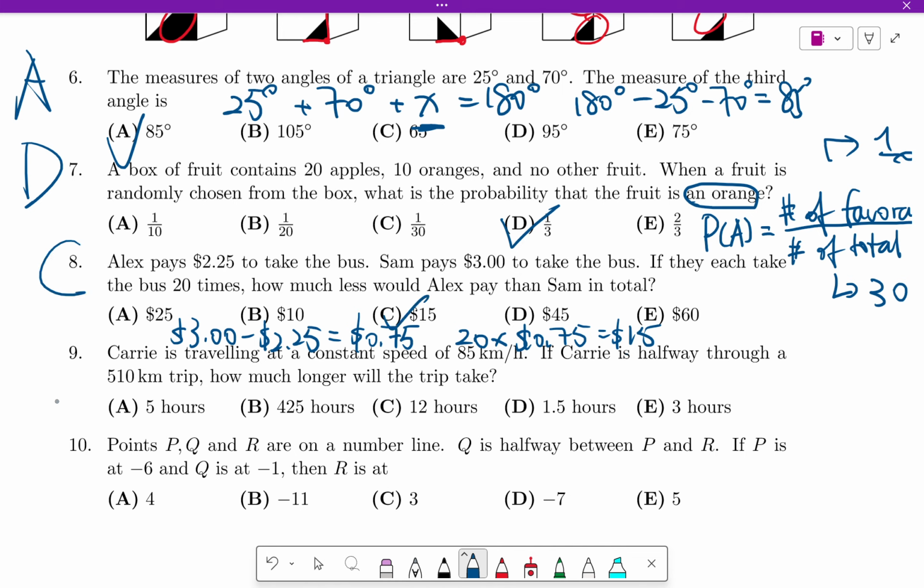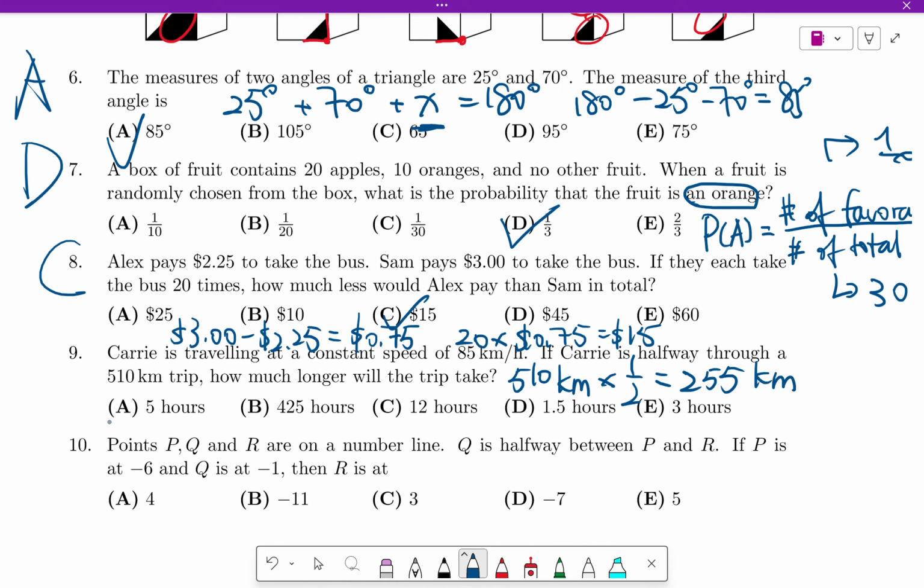Question 9. Carrie is traveling at a constant speed of 85 km per hour. If Carrie is halfway through a 510 km trip, how much longer will the trip take? If she's already halfway through the trip, the distance that she still needs to travel will be 510 kilometers times 1/2, which is equal to 255 kilometers.